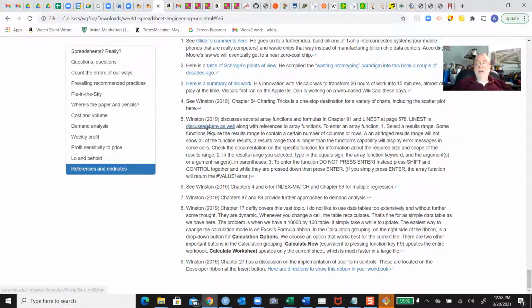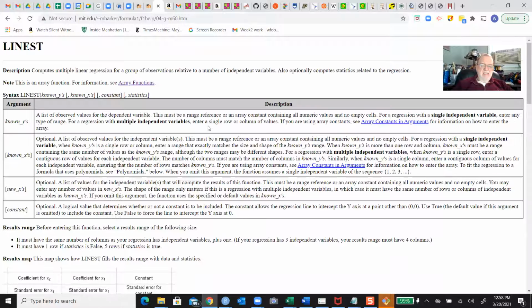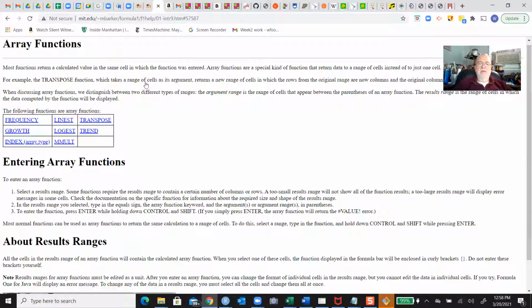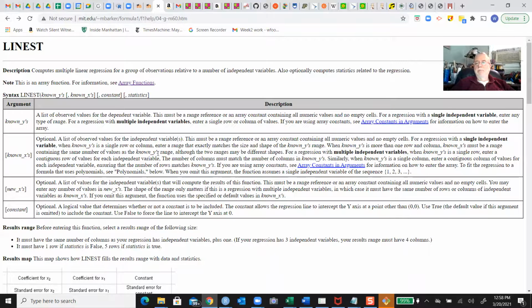It's also discussed in this awesome online resource, which I use all the time. Mike Barker, I think, at MIT has put this together for years, and he's got a little section here on the different array functions and how to use them. They're very, very useful in Excel.